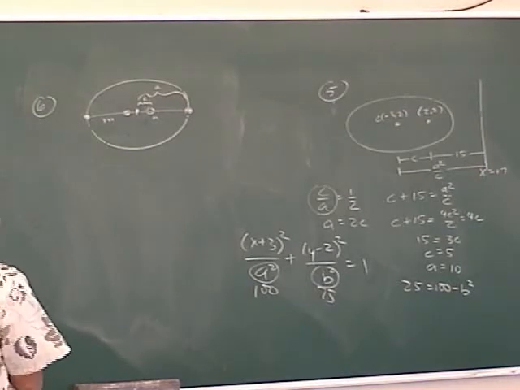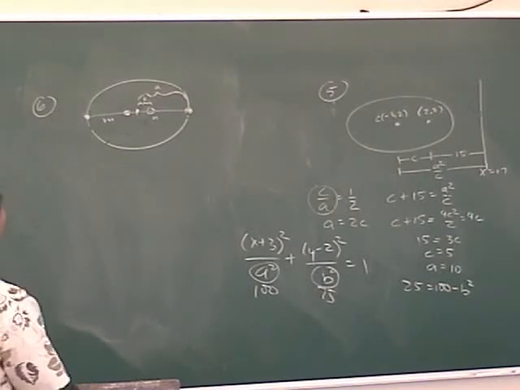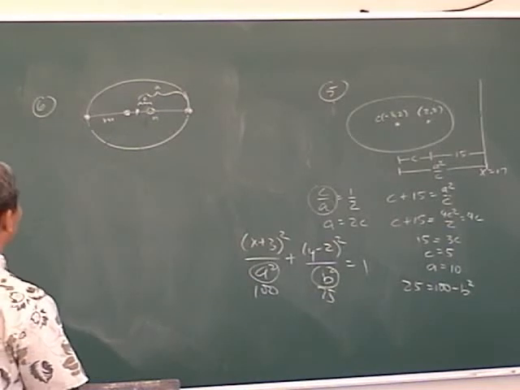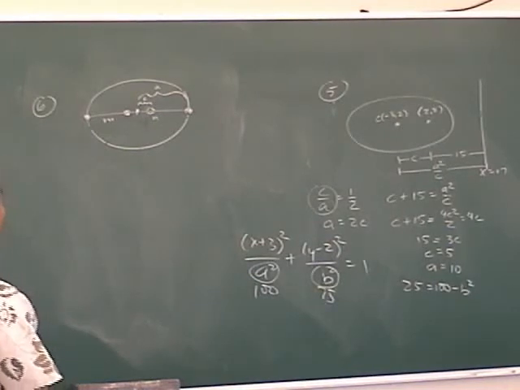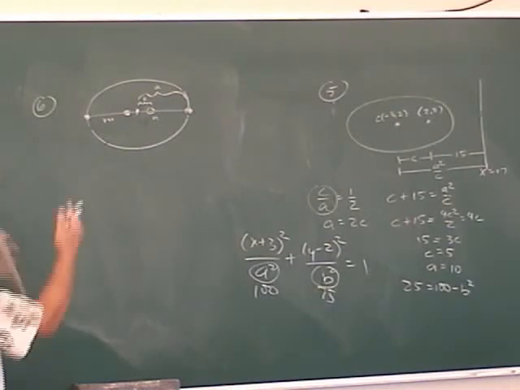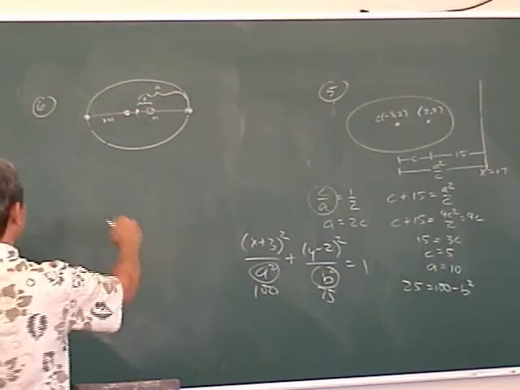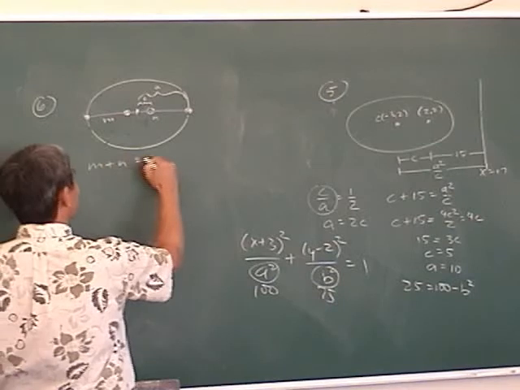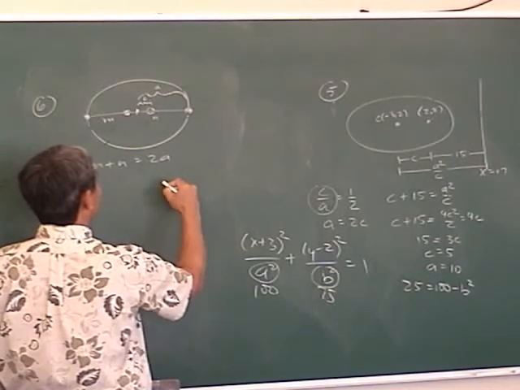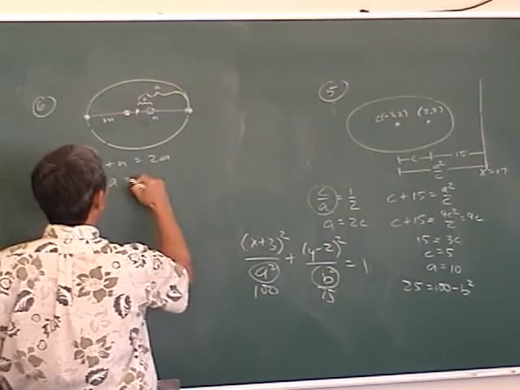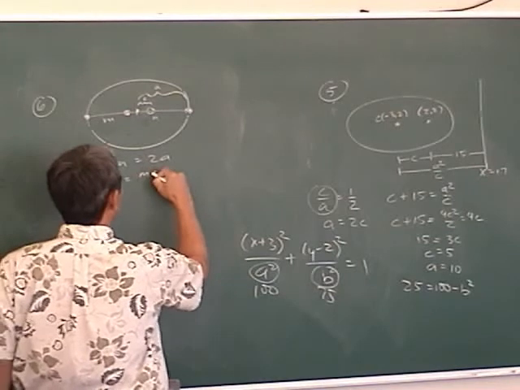What equation can I write? M plus N is equal to the length of the major axis, which is 2A. So A equals M plus N over 2.